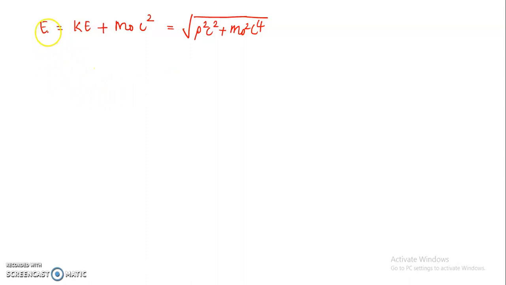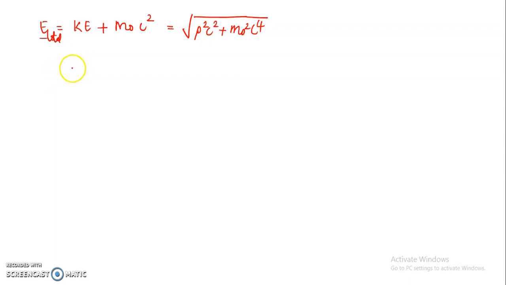Now we can deal with the relativistic case. In the relativistic case, the total energy E equals kinetic energy plus m0 c square, which is equal to root of p square c square plus m0 square c raised to 4.